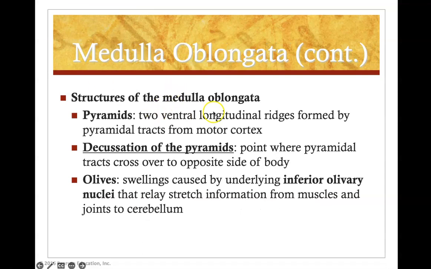Some structures to know for the medulla oblongata. Again, we have to have these tracts that are carrying sensory and motor function, right, from the spinal cord to the higher areas of the cortex. The areas that are going to carry these motor tracts from the motor cortex are going to be called pyramids.